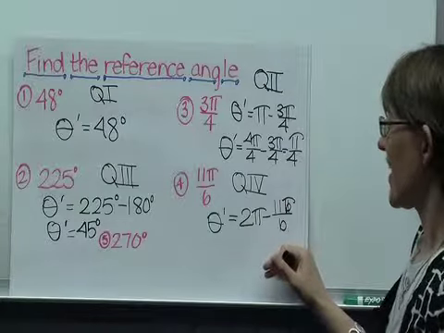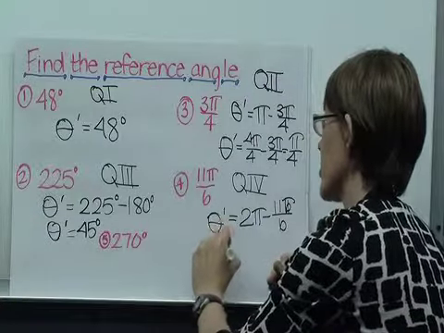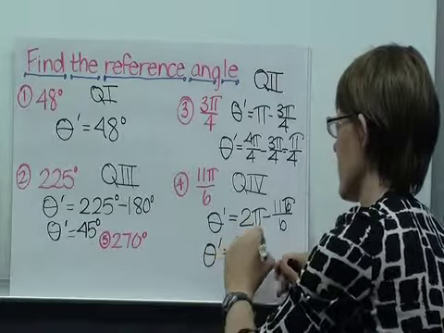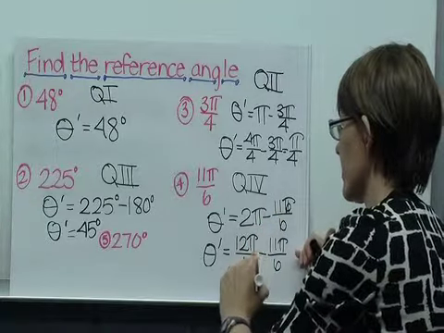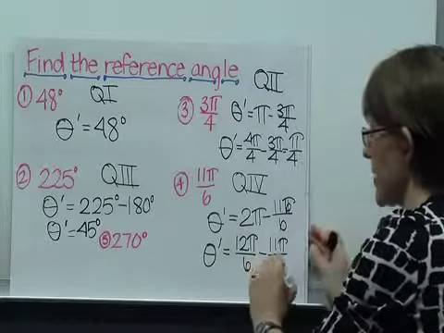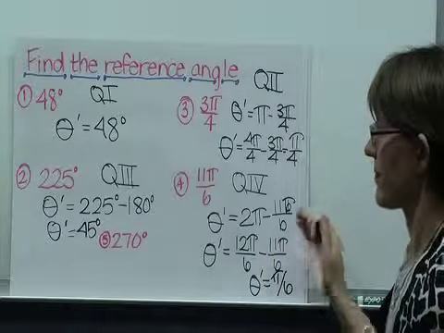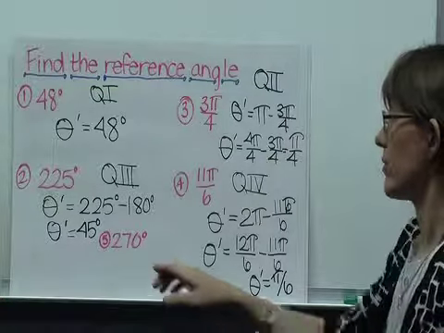So 2 pi, if I change that fraction, it's going to be 12 pi over 6 minus 11 pi over 6. My answer is going to be theta prime is pi over 6. And that tells me again how far away I am from 2 pi radians.